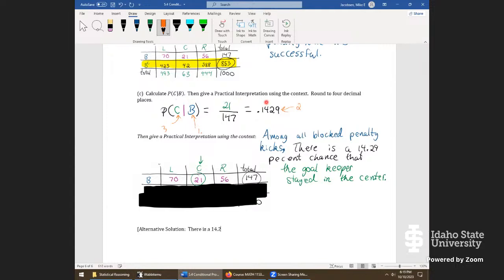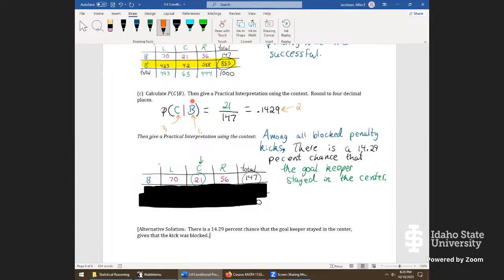There is a 14.29% chance that, we'll say here, the goalkeeper stayed in the center. The vertical bar will just literally say, given that. And given what? The event B, that the kick was blocked. So that's just fine as an interpretation as well.